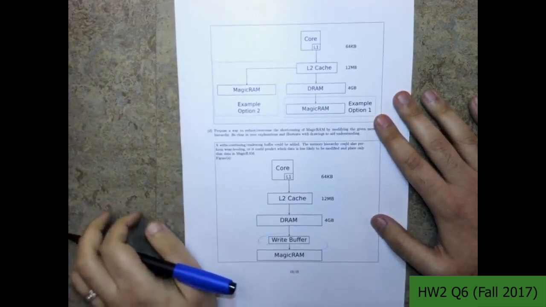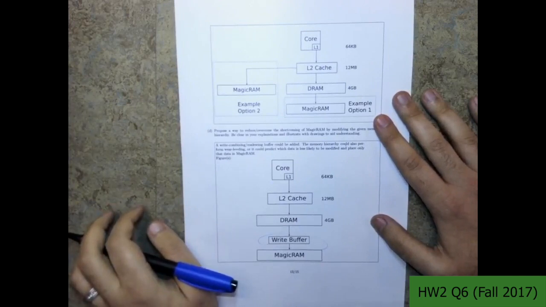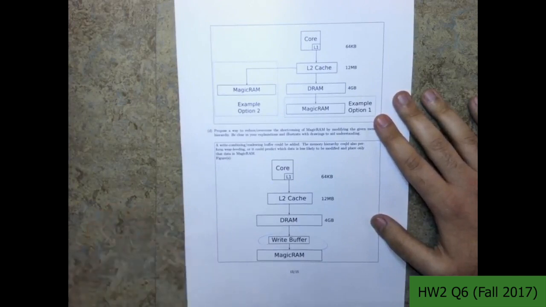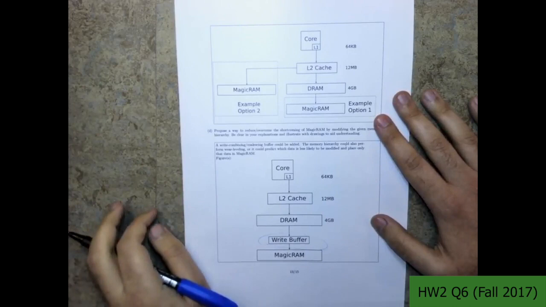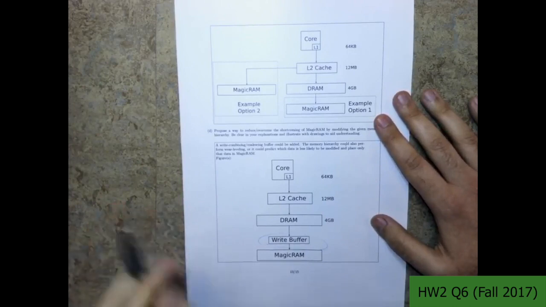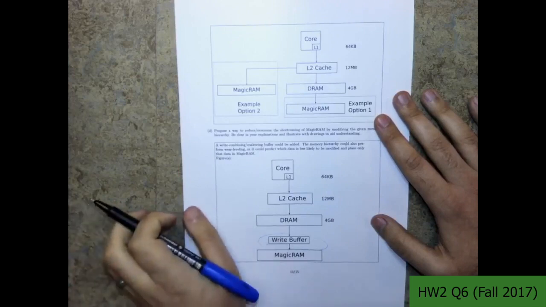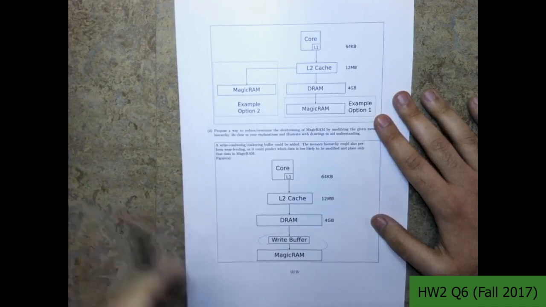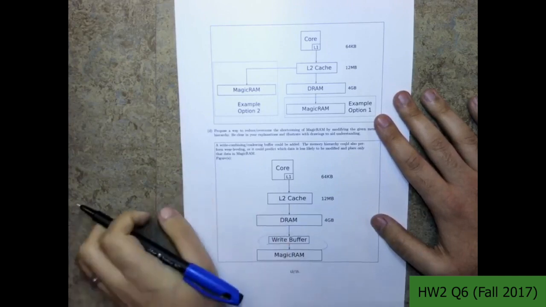It can be used for coalescing or combining writes. We can also use wear leveling techniques to try to uniformly distribute the writes to magic RAM cells. We can have good endurance if we uniformly distribute the writes, so we don't write to one cell 2,000 times and to other cells only maybe 1 time.